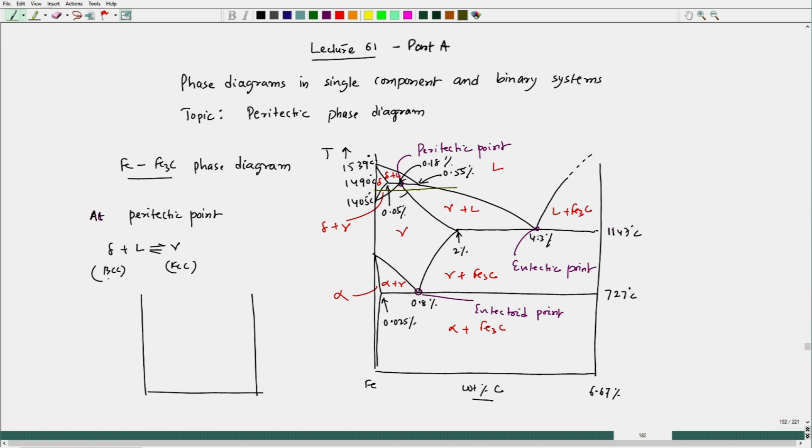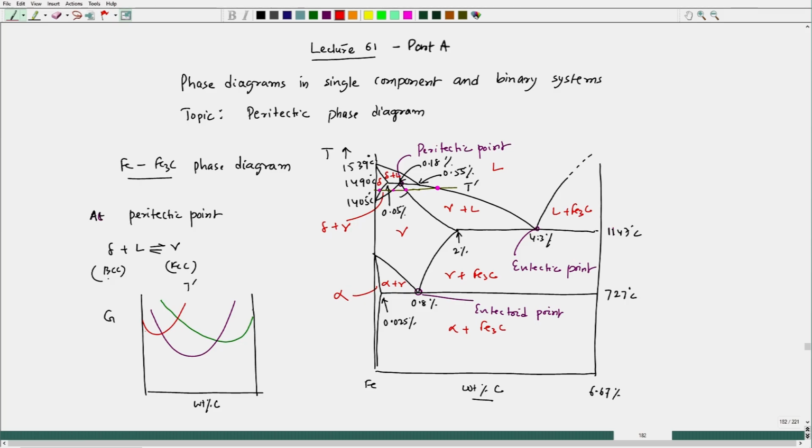On the right side, this is temperature, this is G, this is the temperature we are talking at T prime, this is weight percent of carbon, and these are the 4 compositions I am talking about. How would those compositions come? I can get the gamma free energy like this, this side would be liquid, then we have gamma, then we have delta.